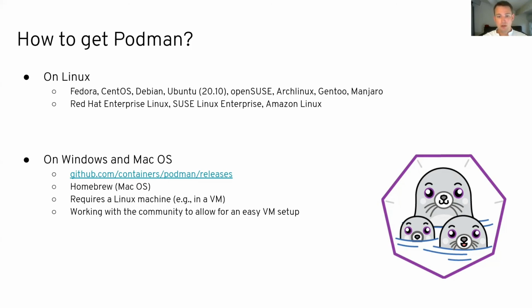It will install a Fedora CoreOS virtual machine, set it up, and do everything for you. It'll take care of networking, all these things. Brent Baude, the Podman architect, did a tremendous job on getting this done. So if you're interested, I want to encourage you to try it out and let us know what you think.